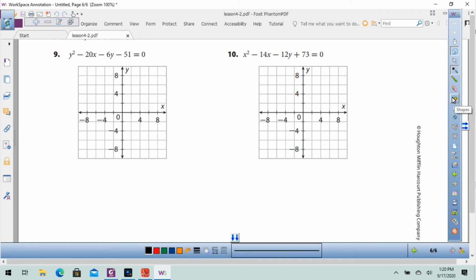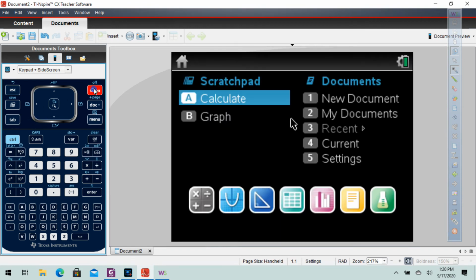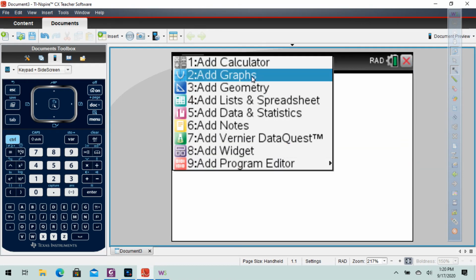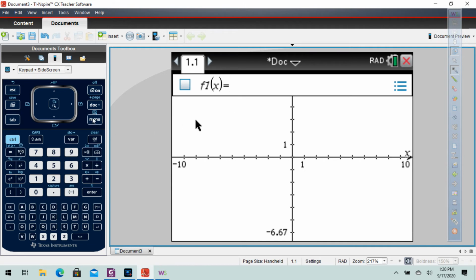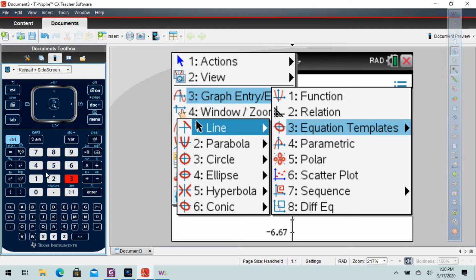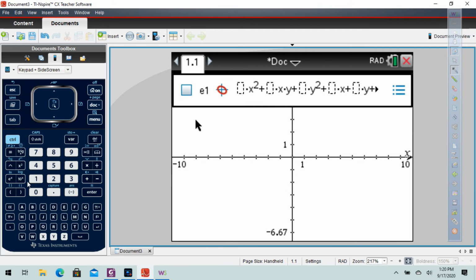Number 10. I got x squared minus 14x. Okay. Let's go into our trusty rusty calculator, and I'm going to show you where to find that again. We got menu, 3, 6, and 1.